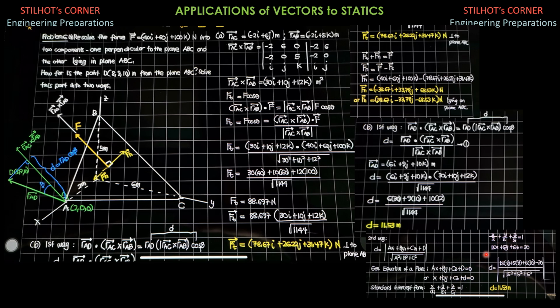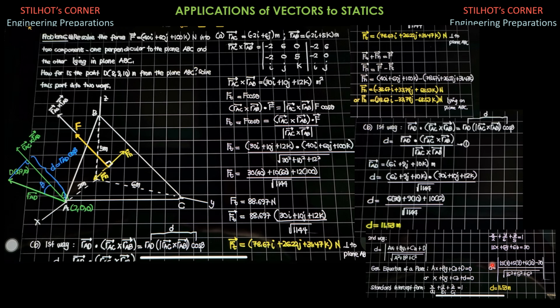So we have x over 2 plus y over 6 plus z over 5 equals 1. Multiply everything by 30, which is the LCD. Then we have 15x plus 5y plus 6z equals 30. Substitute into the formula here.